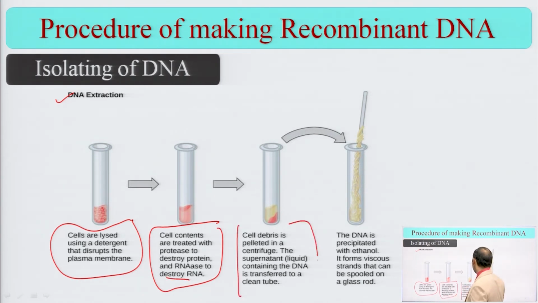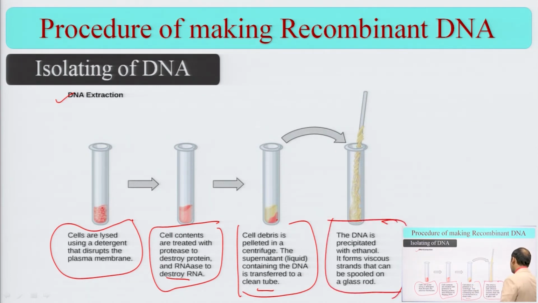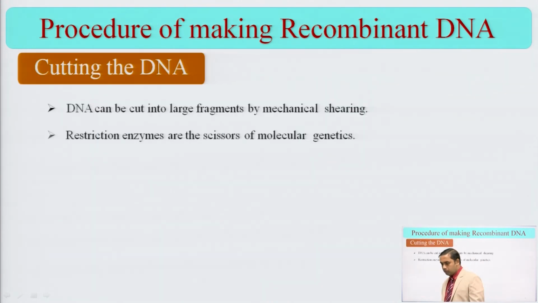In the next step, the cell debris is pelleted in a centrifuge. The supernatant, the liquid containing the DNA, is transferred into a clean tube, and the DNA will precipitate with ethanol. It forms viscous strands that can be spooled on a glass rod. This is the first step, the isolation of the DNA.